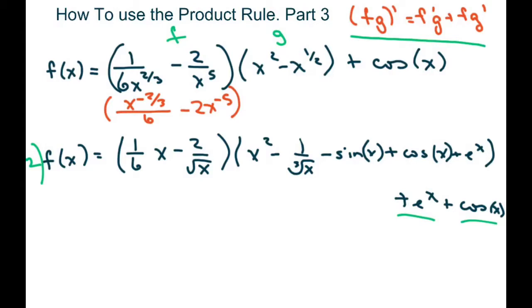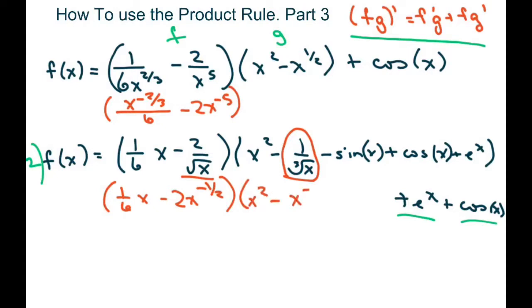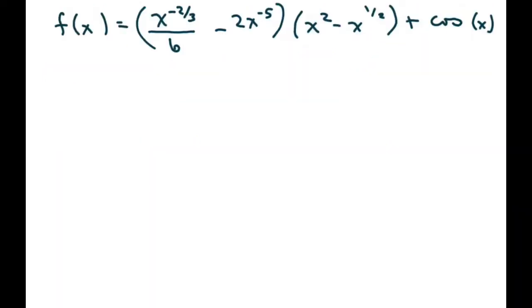And for this one here, this would be 1/6x, and then this would be minus 2x to the negative 1/2. And this piece right here, I would write x squared minus x to the negative 1/3, and then we'd have all the rest of the stuff out. So I went ahead and did that on the next slides, and we're going to use our product rule now.